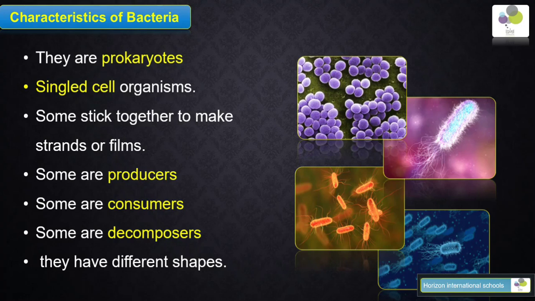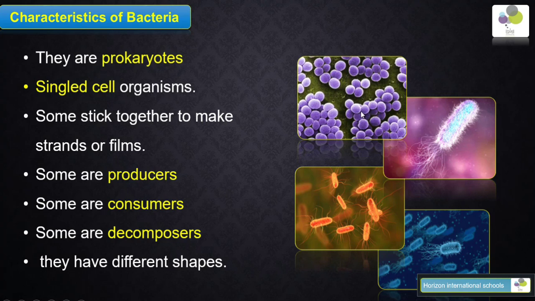Characteristics of bacteria. Of course, all bacteria are single-celled organisms because they are related to the prokaryotes, and also they don't have nucleus and membrane-bound organelles. You can find the bacteria, guys, living individually, or you can find them stuck together, making strands or films. But actually, guys, they can function separately. They can function independently from each other. No one depends on the other to function well.